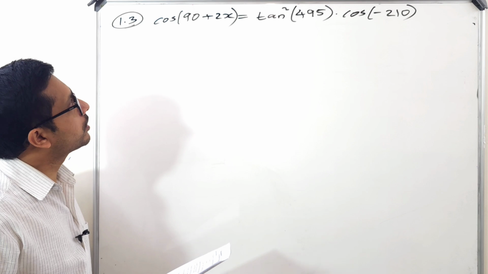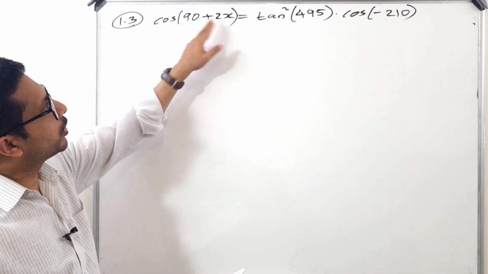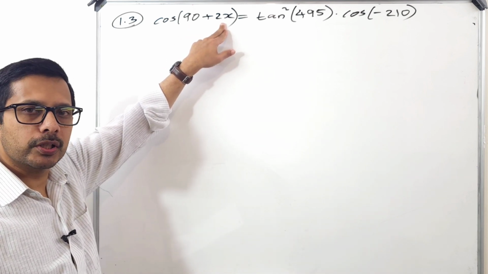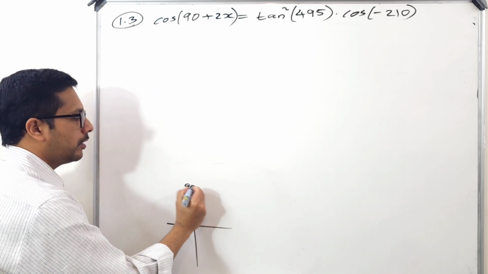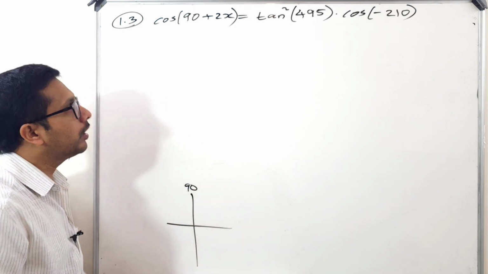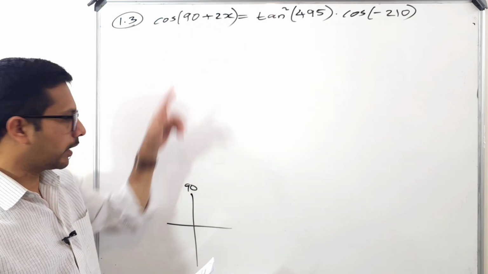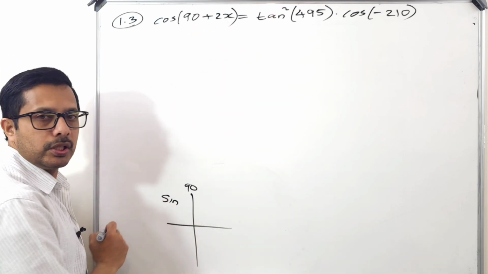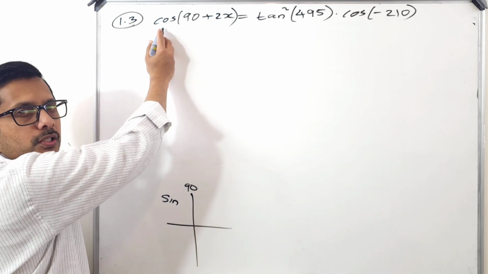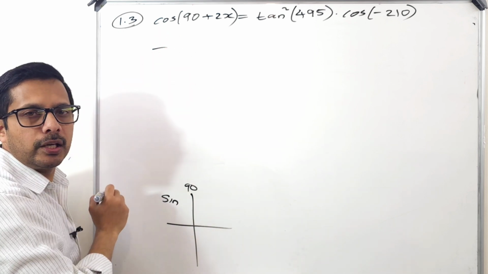Okay, now let's start. 90 plus 2x, 90 plus means which quadrant? 90 plus means second quadrant. In the second quadrant, sine is positive. Here we have cos, so it is negative. Immediately I put a negative.